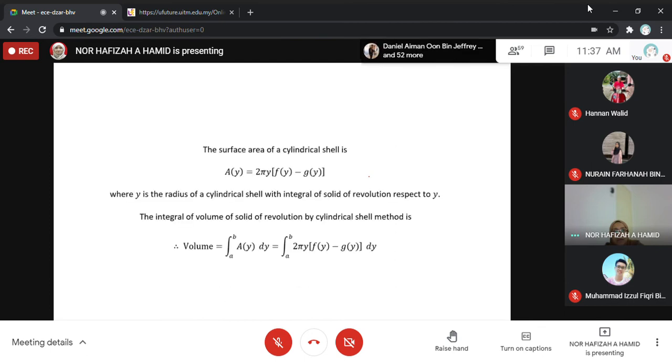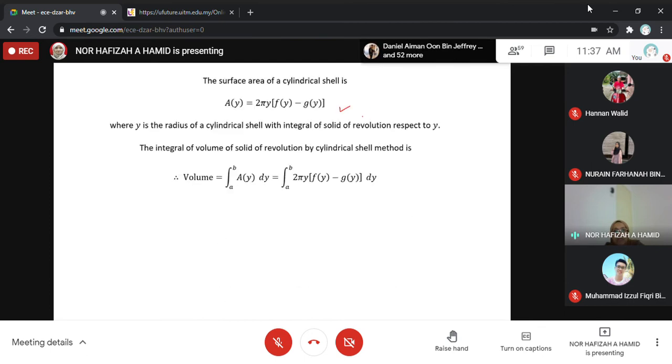Okay. So ini formula of the surface area. Formula for the volume is we need to multiply with the dy thickness. So kat sini 2 pi y is the length, and F(y) minus G(y) is the height, and dy is the thickness.